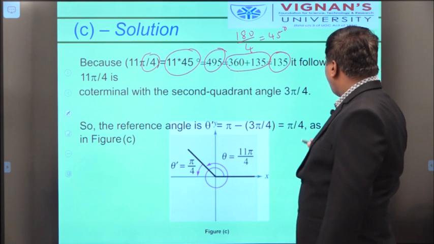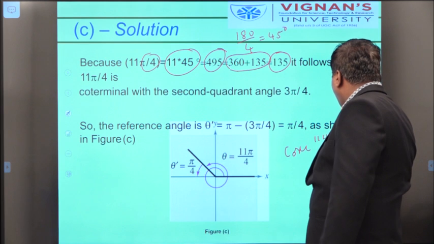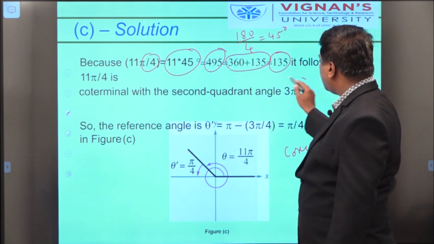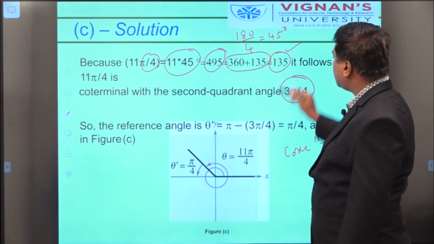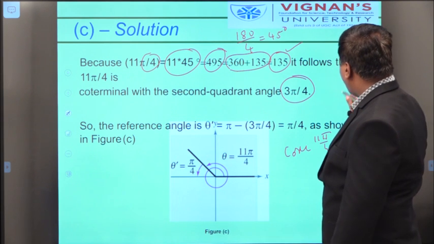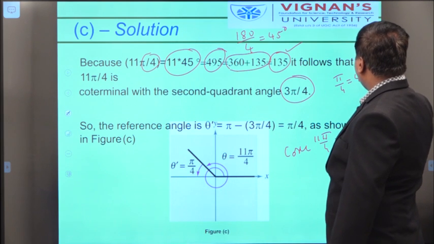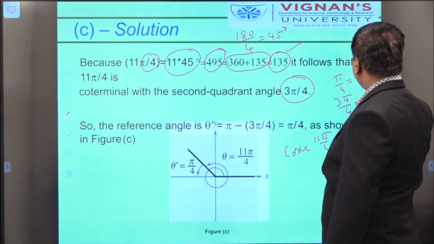Cosecant of 11 pi by 4 is in the second quadrant, so the angle is 3 pi by 4, because you have to convert into radians. Pi by 4 is nothing but 45 degrees, then 3 pi by 4 is nothing but 135 degrees.